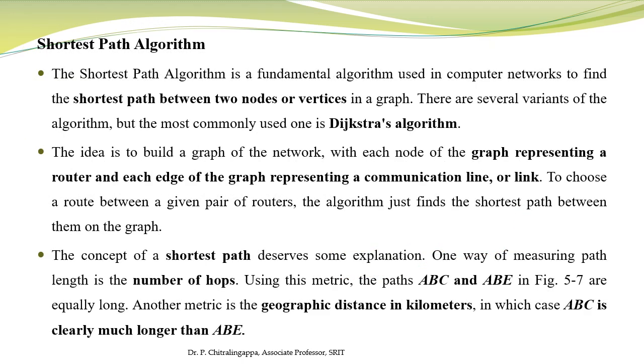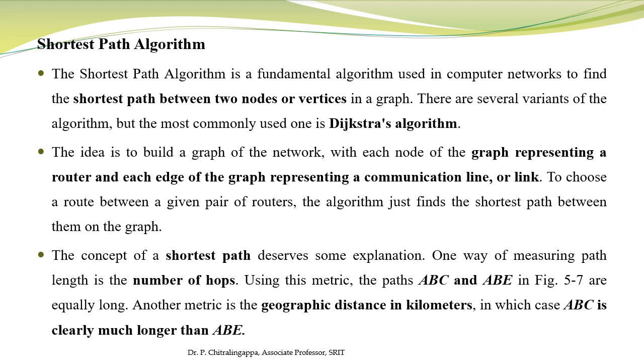And there is the shortest path algorithm, a fundamental algorithm used in computer networks to find the shortest path between two nodes. Dijkstra's algorithm is the best example of a shortest path algorithm.